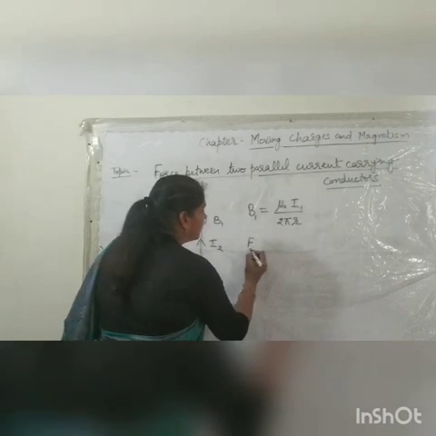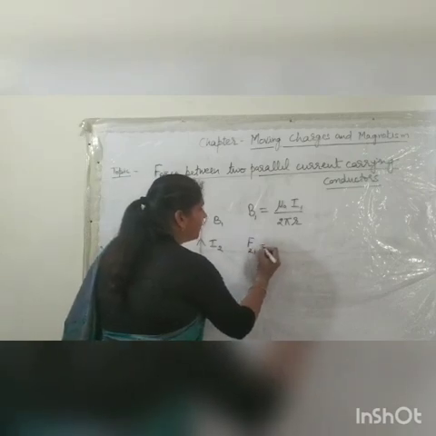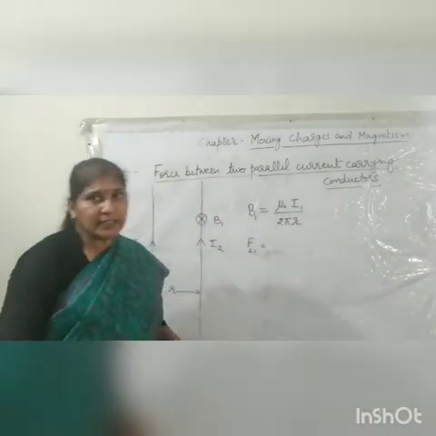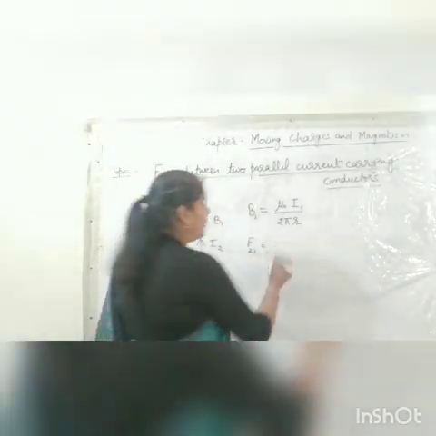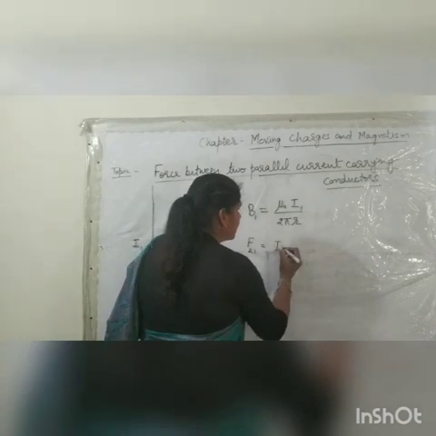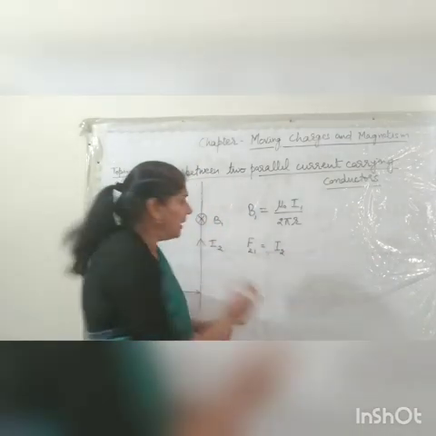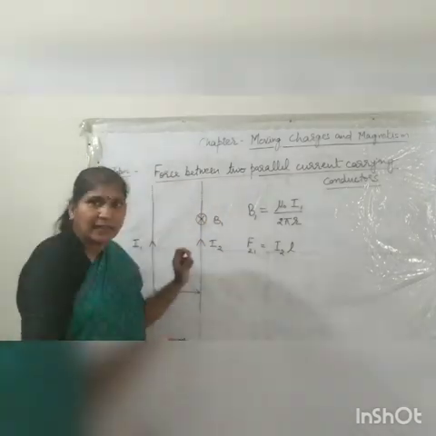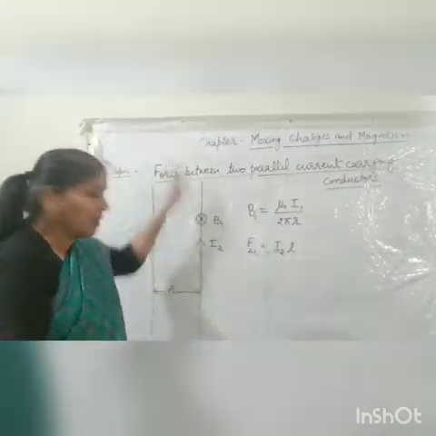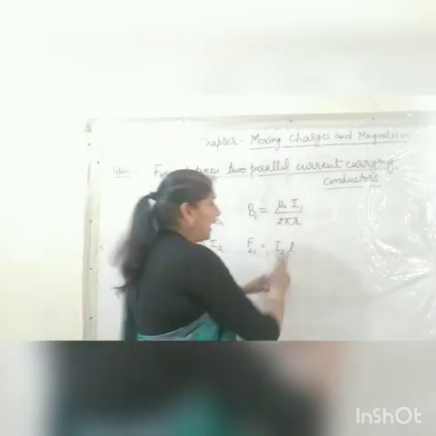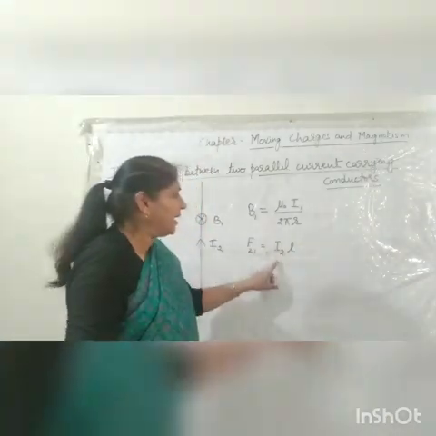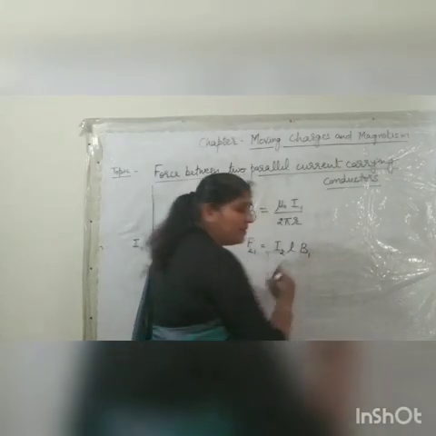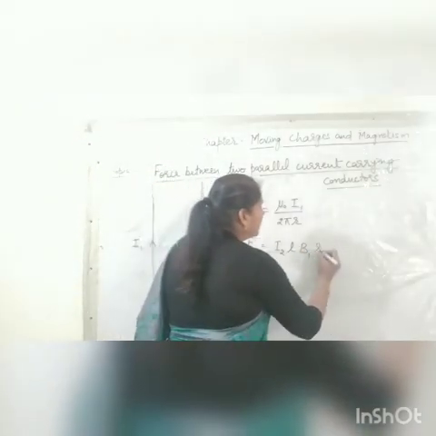on conductor 2 due to 1 will be F equals ILB sine theta. We have studied that. So I is the current in the second conductor, I2. L, suppose we are taking an L portion of the conductor from this whole length. For L length, the force will be ILB, where B is the uniform magnetic field B1, and sine theta.